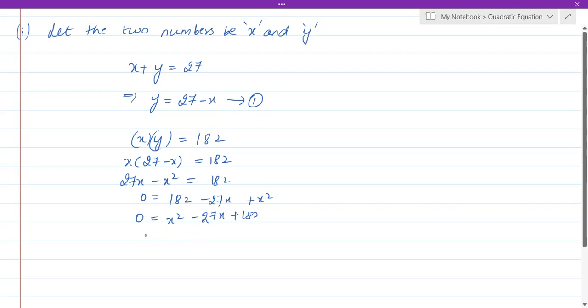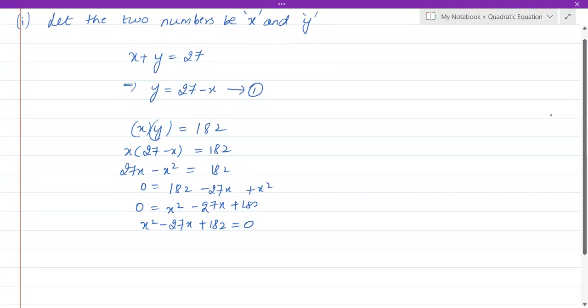Or I can also write it the other way, that is x squared minus 27x plus 182 equal to 0. Again, you can solve it by any method: factorization method, completing the square method or formula method. Let me do this problem, the remaining you can solve on your own. So the quadratic equation that we have got is x squared minus 27x plus 182 equal to 0.